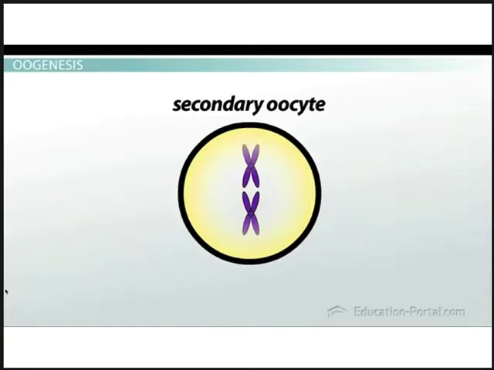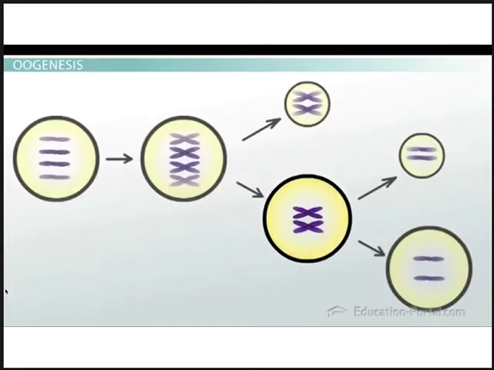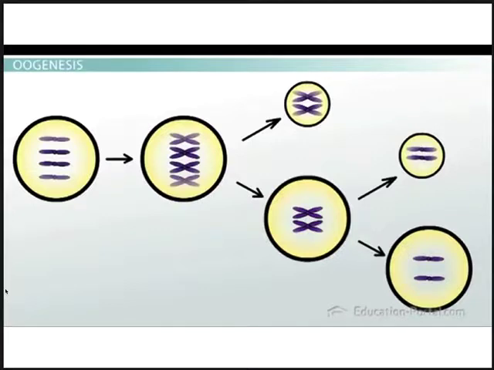The secondary oocyte still has 2 copies of each chromosome, so if it's going to become a fully functional ovum, it must undergo the second meiotic division. This division is also uneven like the first one, with half of the chromosomes going to another very small degenerate polar body, and half of the chromosomes being retained by the ovum, along with almost all of the cytoplasm.